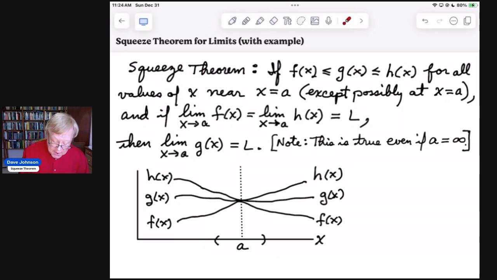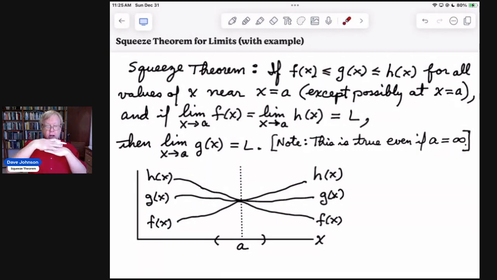And you can see this demonstrated on the graph. So I've got three functions, f of x, g of x, and h of x. And at least in this interval, and let's say near a, and I'm not specifying exactly what near means, but near enough so that we can actually find the limit and so on, then as long as this inequality holds, in other words, as long as g of x is between the f of x and the h of x, so it's squeezed in there, okay?